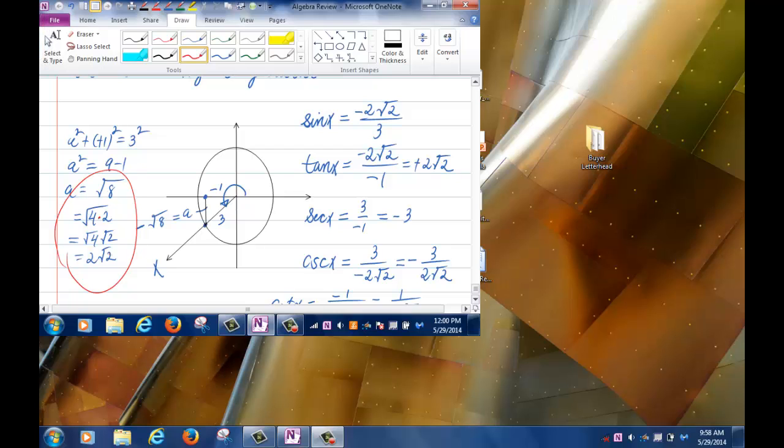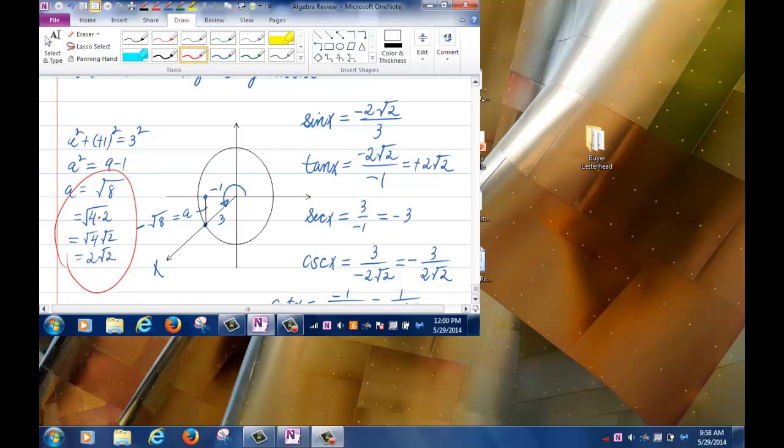Oh, how did I get negative root 8? Okay, first of all, we are trying to determine the coordinates of this point here, right? Now notice that the coordinates of this point would be both negative because it's in the third quadrant. When I am applying the Pythagorean theorem, I'm assuming all the lengths are positive in order to find the length of this side.